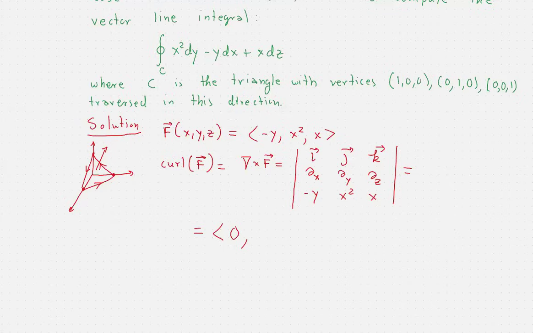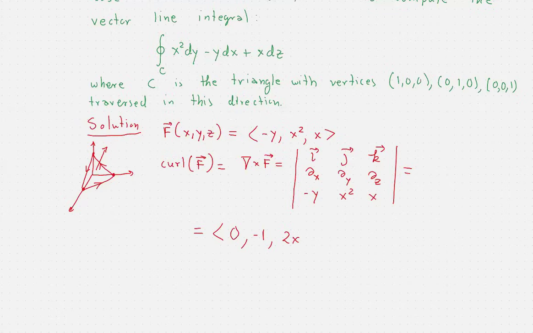But remember, it's the middle one, so you will put a negative 1 here instead of 1. And finally, delete the first row and the third column, and you will get the derivative of x squared with respect to x, that's 2x, minus the derivative of negative y with respect to y, which is minus 1. So minus 1 will give you plus 1, and that's the curl.